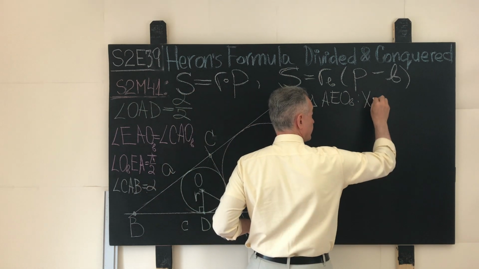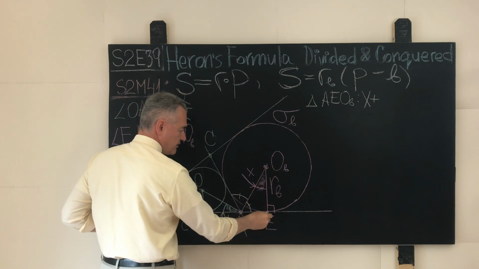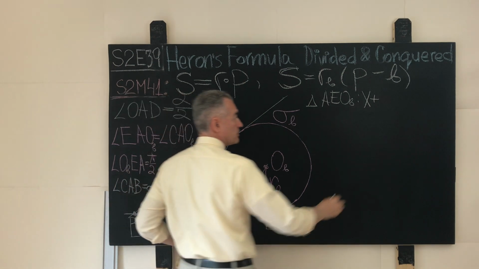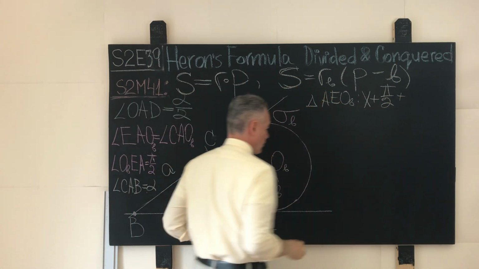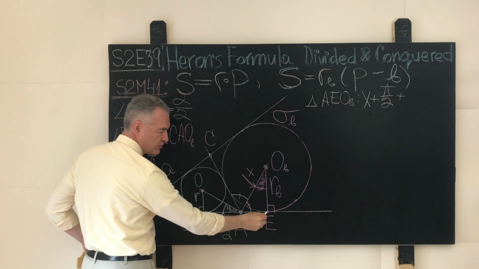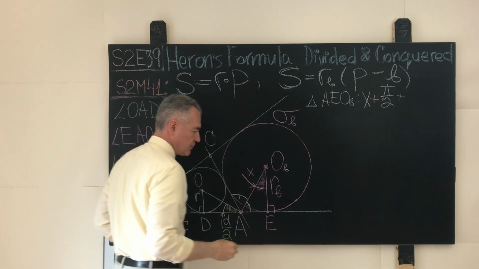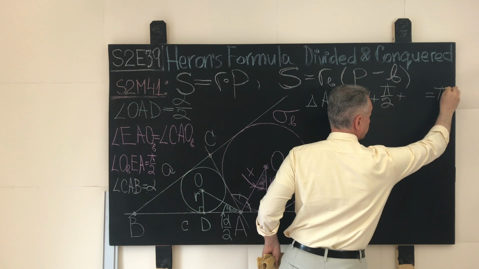x plus the magnitude of the interior angle at E, which is pi over 2, plus what? Plus the magnitude of the angle EAOB. I will skip it for now for reasons that we will understand in a minute. And this is all equal to pi.